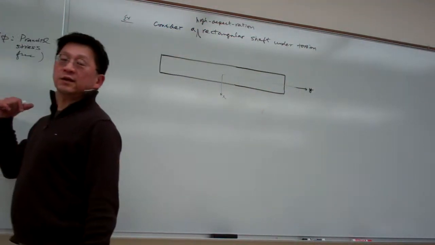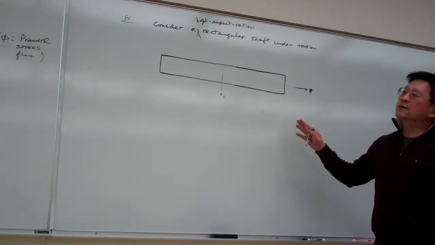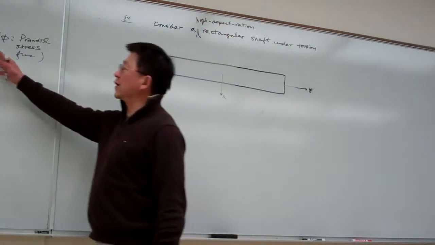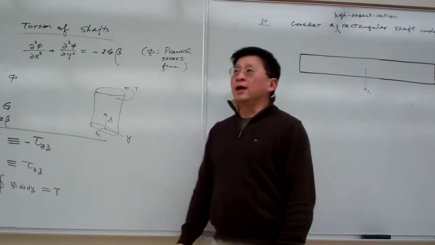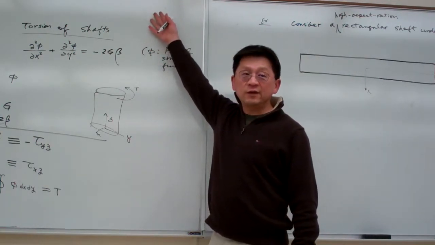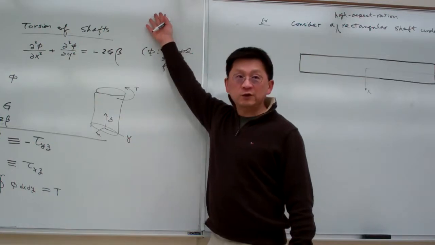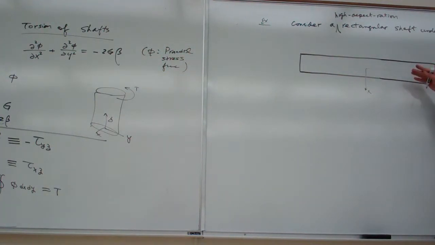Again, we could solve the Prandtl stress function by dealing with this equation. We could use the first approach, the Saint-Venant warping function. Besides the two methods, this could be the third one.